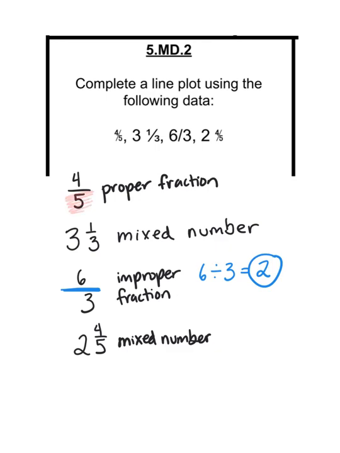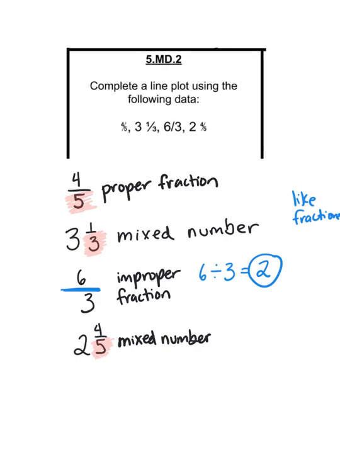We have fifths, which represents 5 equal pieces, thirds, which represents 1 whole divided into 3 equal pieces, and we have fifths again, so 5 equal pieces again, and we're going to have to convert these to like fractions. When I say like fractions, I mean fractions that have a common denominator, making them easier to work with in all kinds of situations. Okay, so like fractions is what we're after here.